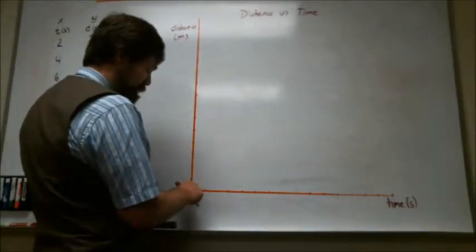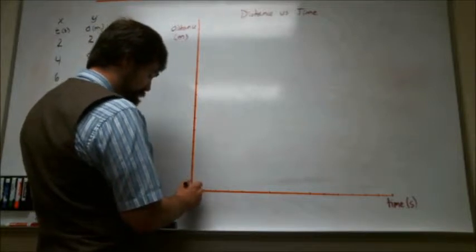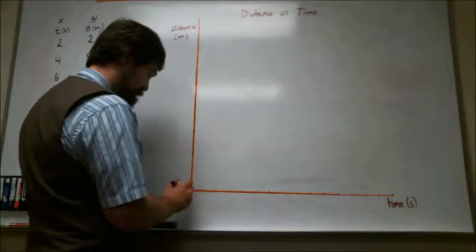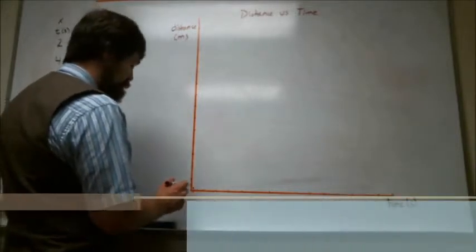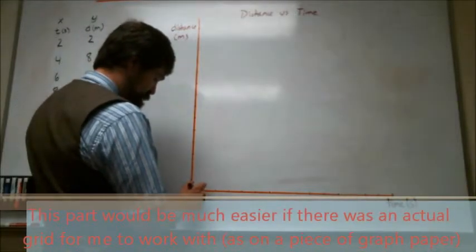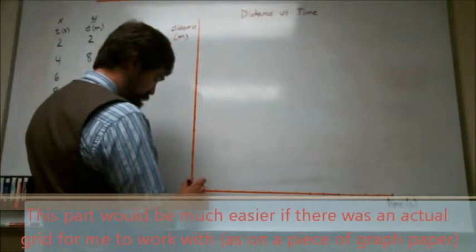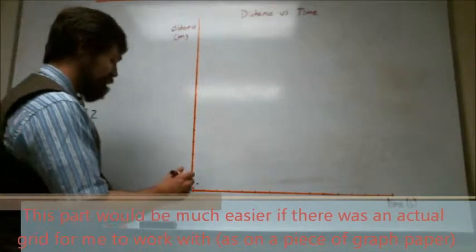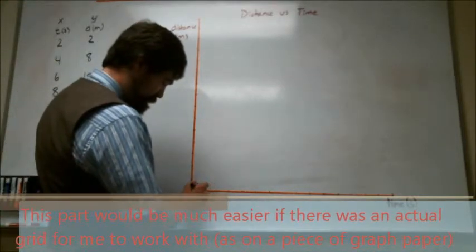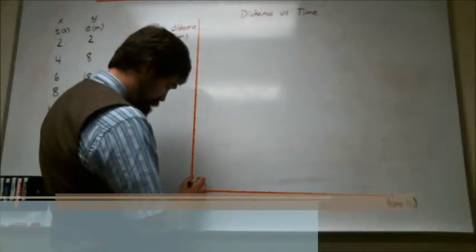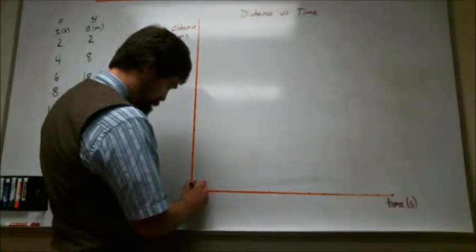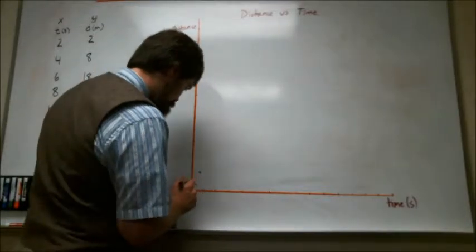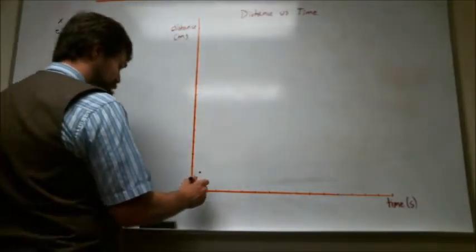So 2, 2 is probably down here somewhere. Next one was 4, 8. So 4 is about here, 8 is about here. Next one was 6, 18. So 6 is going to be about right here. 18 maybe is getting up to around here. 8, 32.